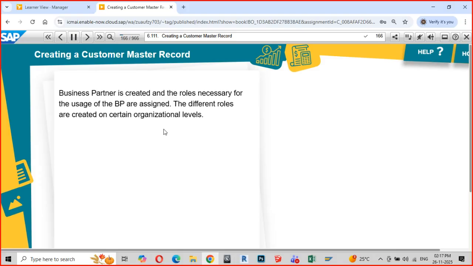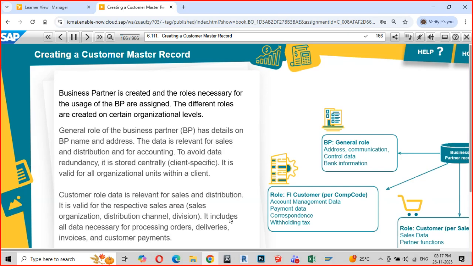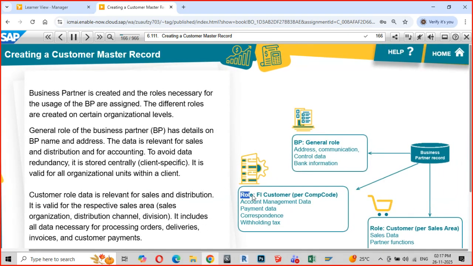You are already very familiar with the customer master data and how you create it. Here the only difference is we are talking from the integration perspective, that is the combination of your FI and your sales data. You can see this is exactly what we saw, the FI customer.